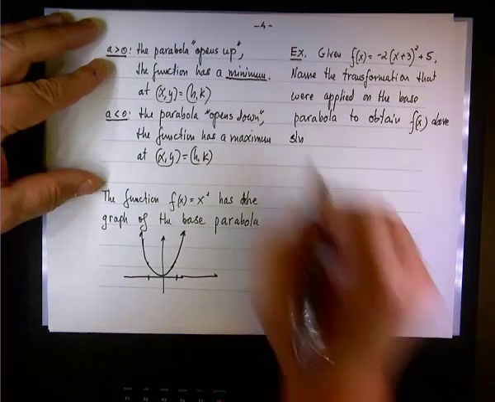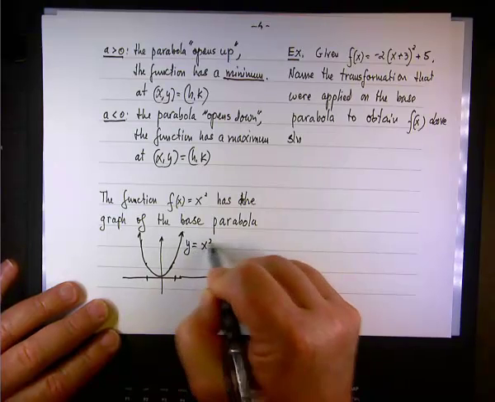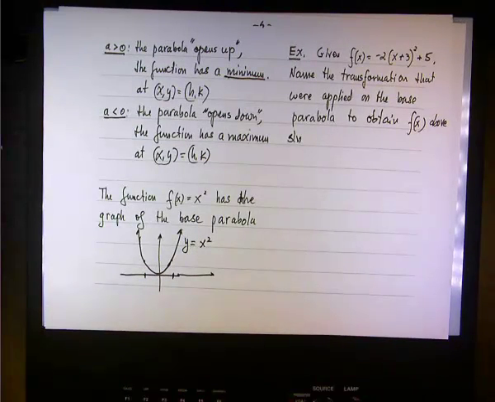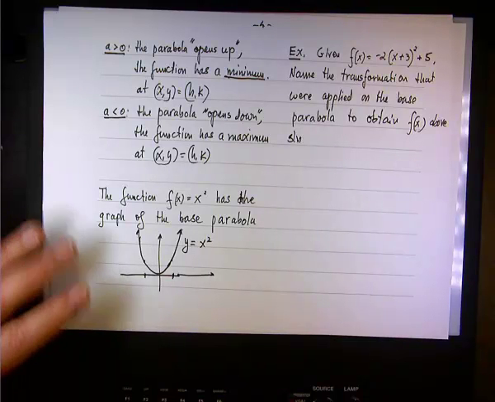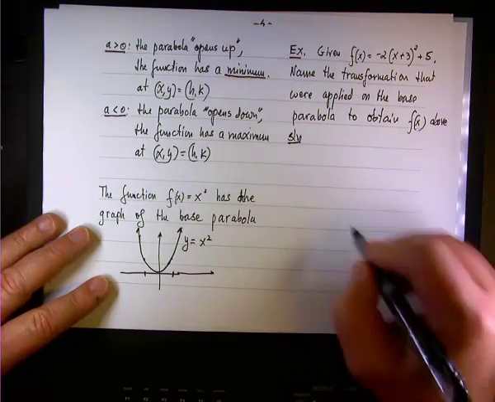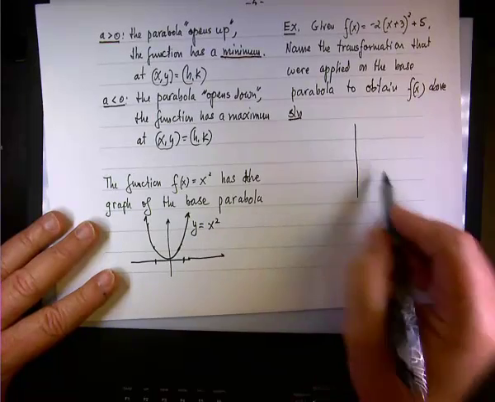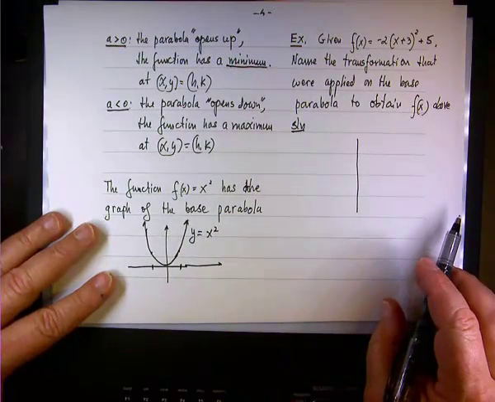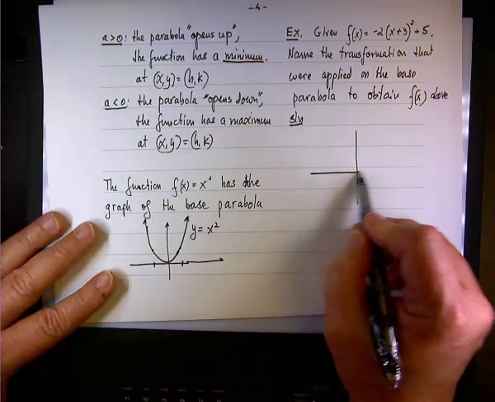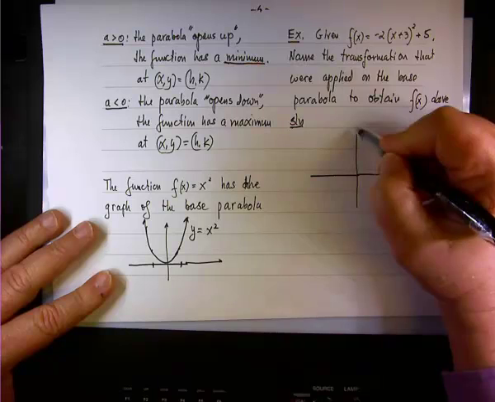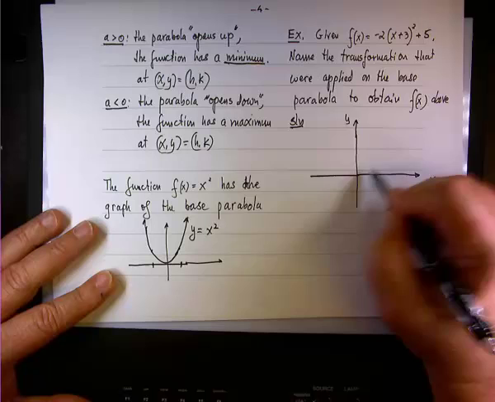So the question is, what have we done to go from y equals x squared to negative 2 times (x plus 3) squared plus 5? So we started with the base parabola.